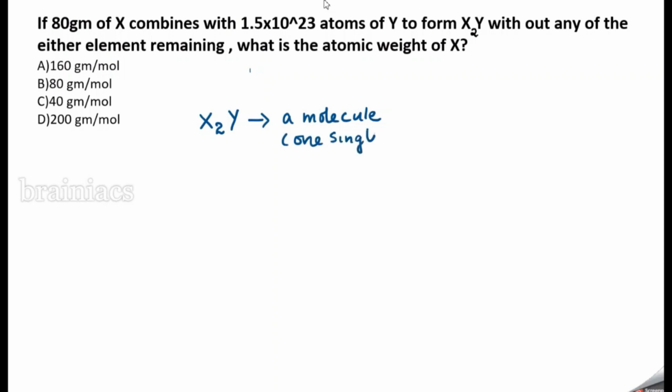Now tell me, to form this one single molecule of X2Y, what you needed? Two atoms of X and one atom of Y. I can say two atoms of X, correct?